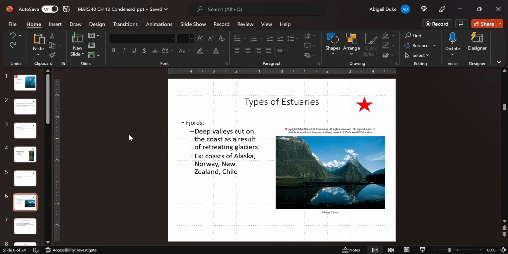Large glaciers currently melting faster as a result of global climate change are still found in many fjords, particularly in Alaska, Greenland, and southern Chile. I guess, yeah.